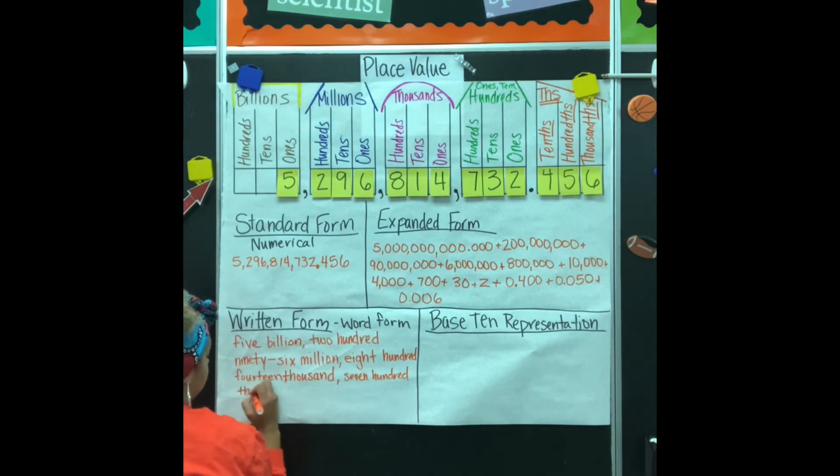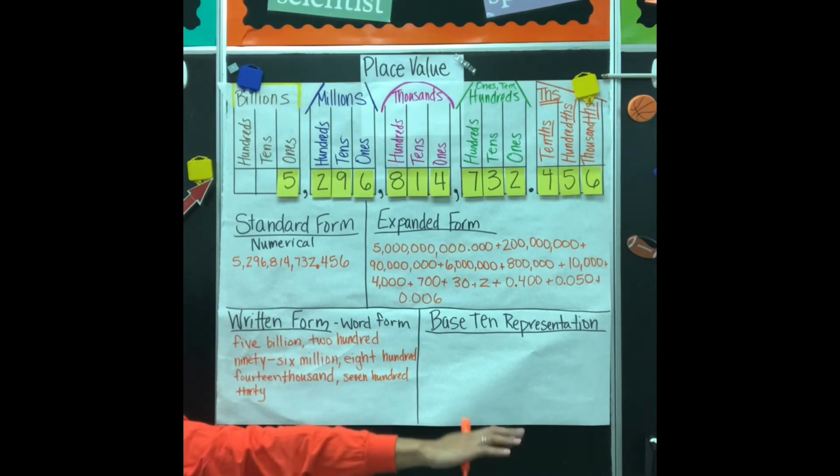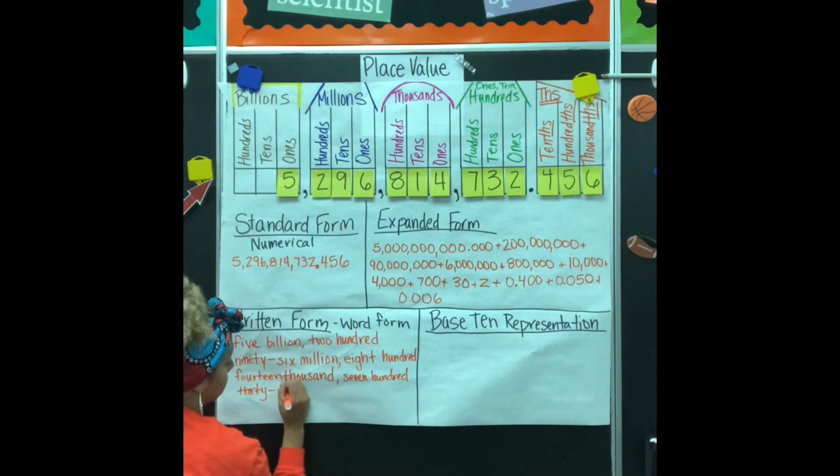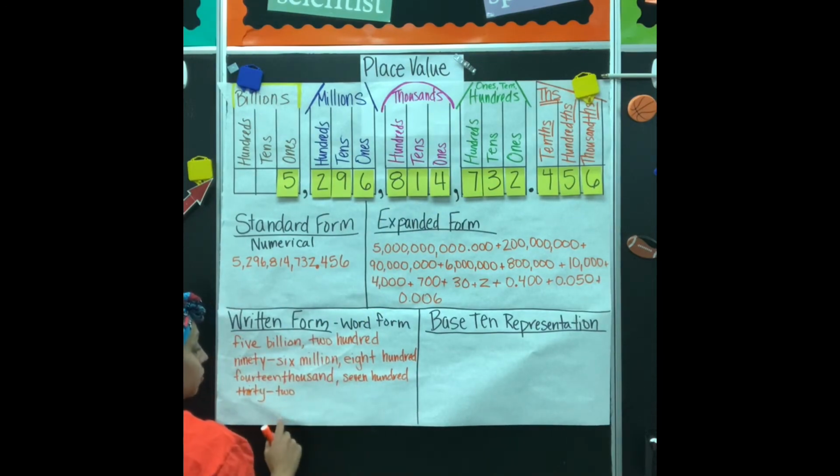And now we have a baby again. 30. So we have to hold the 1's hand, which is a 2, so we have to put a hyphen. 32, and we don't have to say 100, so we don't have to say 732 hundreds, because it's original, so we don't have to do all of that.